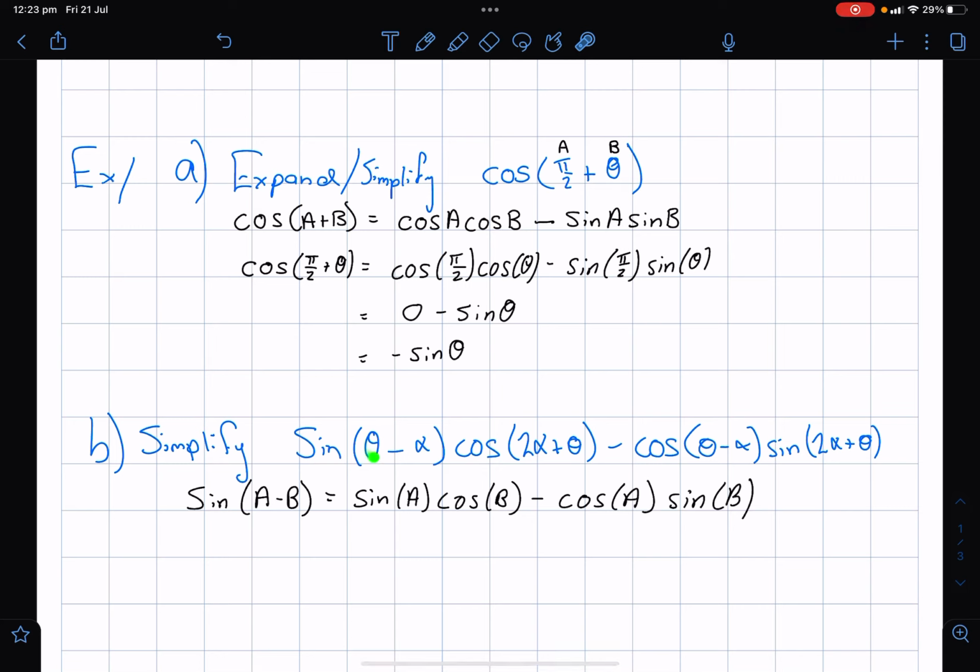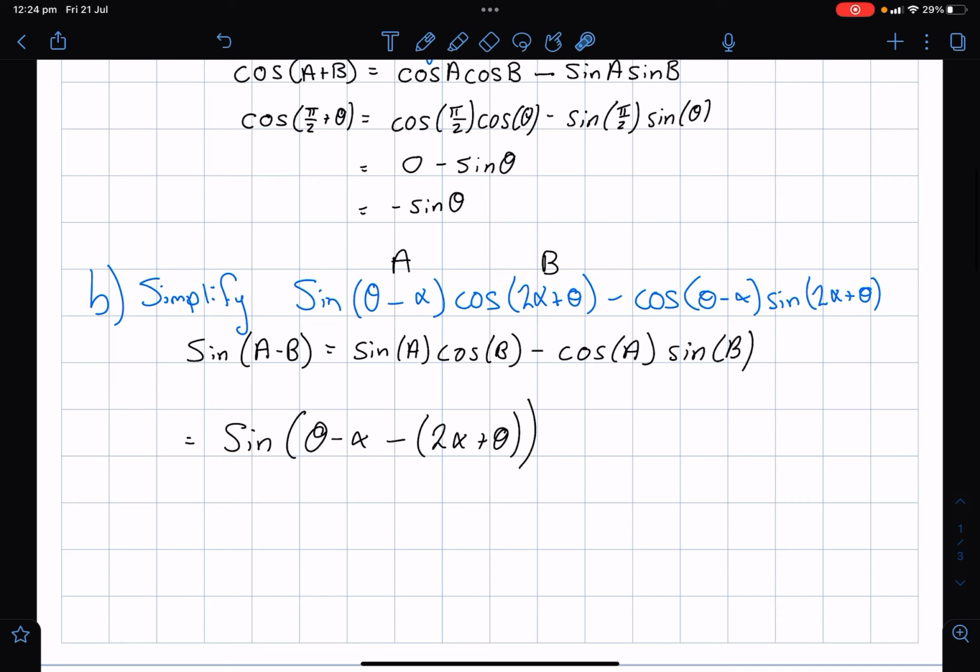A lot of people will put this as A and this as B, but this whole angle in here is actually A, and this whole angle in here is actually B. So this means I've got sine of theta take alpha minus all of 2 alpha plus theta. Okay, so this is my A, this is my B.